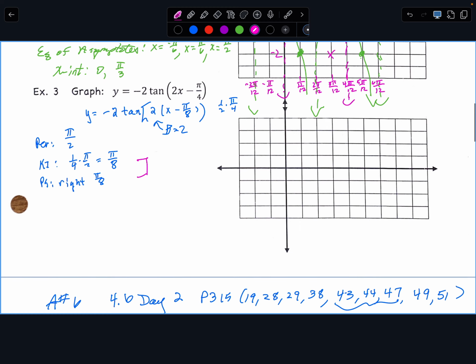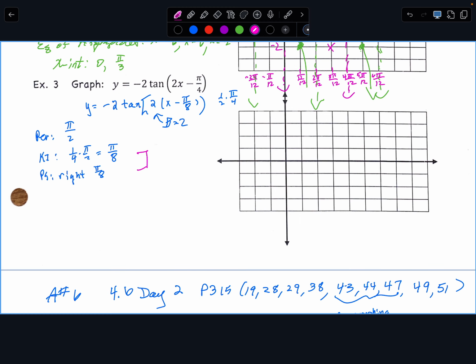And since this is tangent, I would start by 2 key increments to the left would be an asymptote, and 2 key increments to the right would be an asymptote. Halfway in between there is the 0.